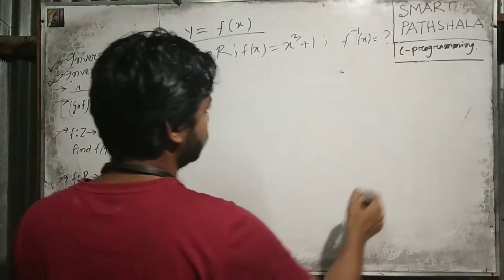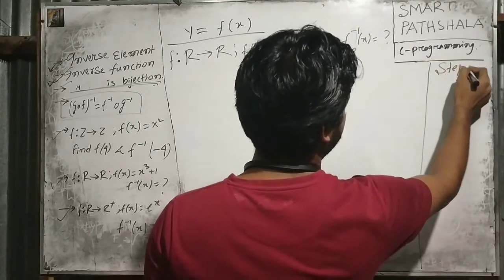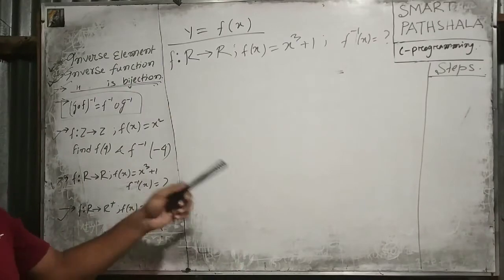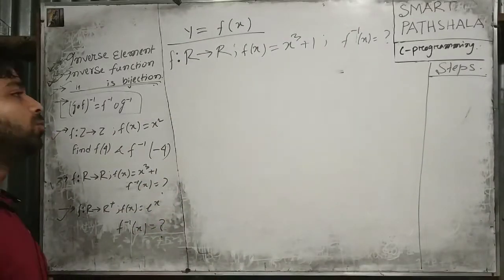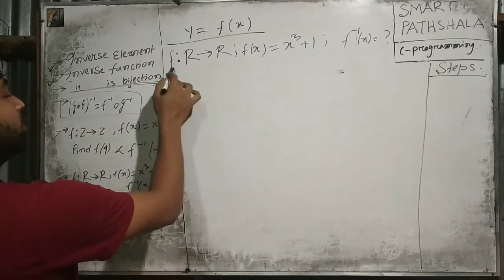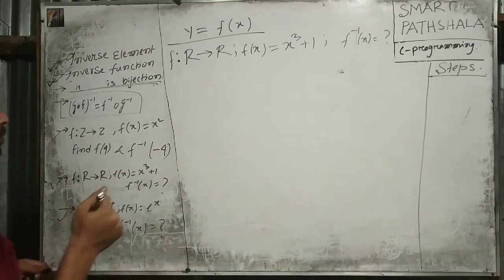Right? Note down the steps we follow in this problem. To solve this problem, we will follow a definite number of steps, and I request all my viewers to note down my steps, because these are the steps which you will apply in solving such types of problems, and these will appear in your exam form.